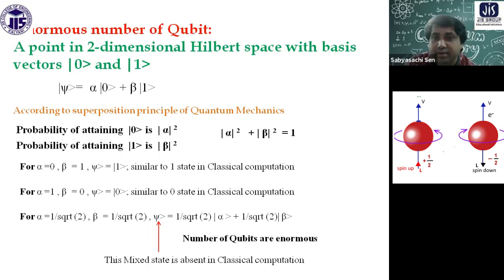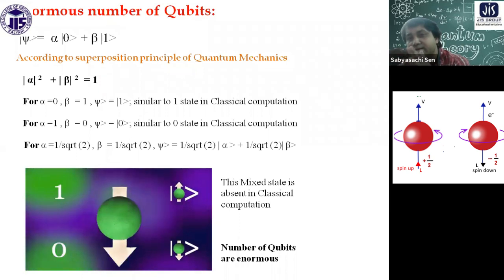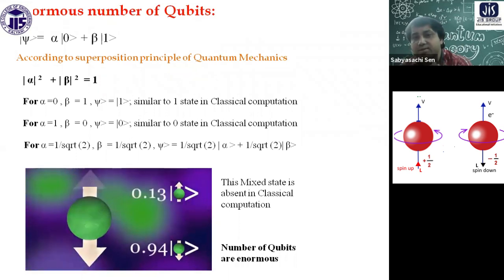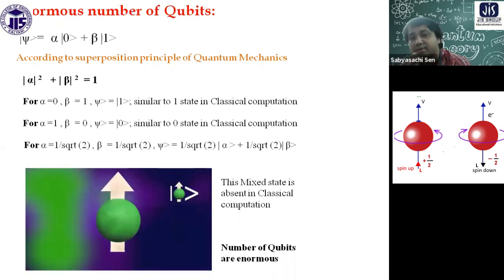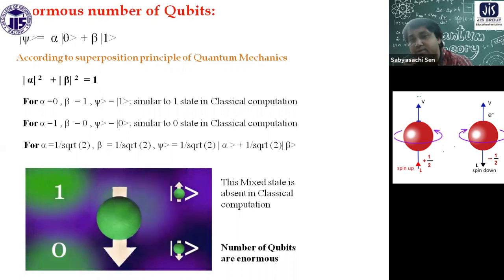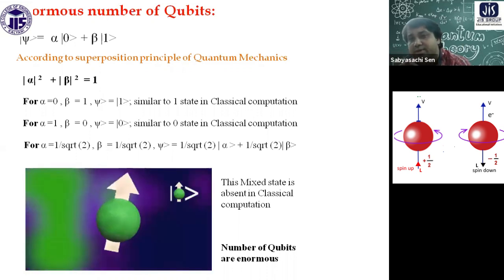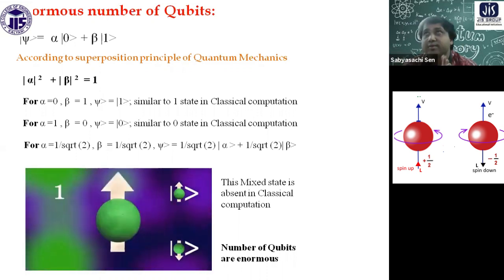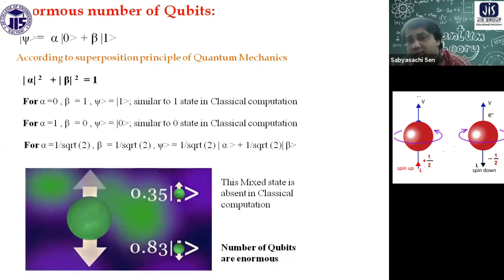That is why the number of quantum bits is enormously high. Not just zeros and ones, their mixed states too. You can see the picture, it is wonderfully changing. That's why I've kept that animation. 1 and 0 may be the up and down spin states of the electron. But in between, if you change the coefficients alpha and beta, so many new states are generated, and the final one is the mixed state.